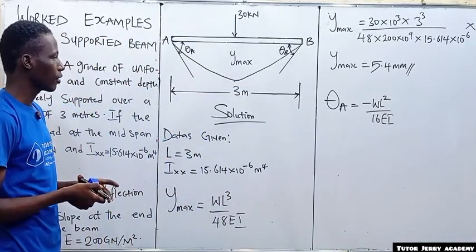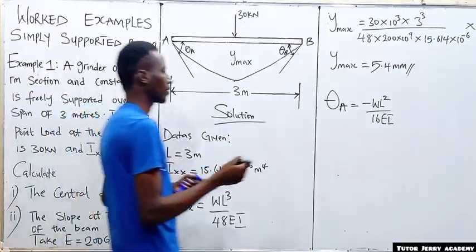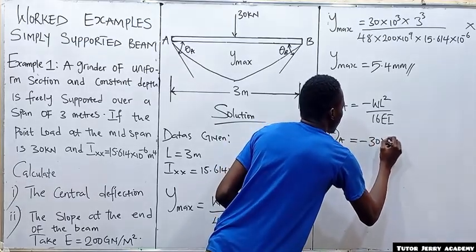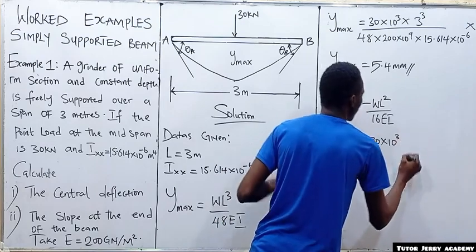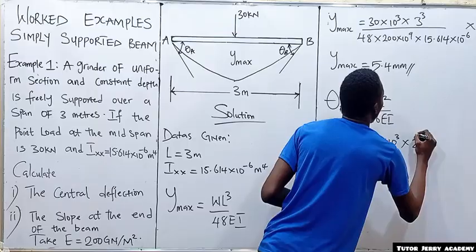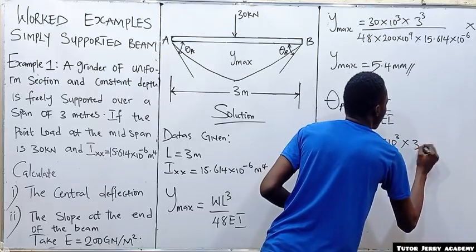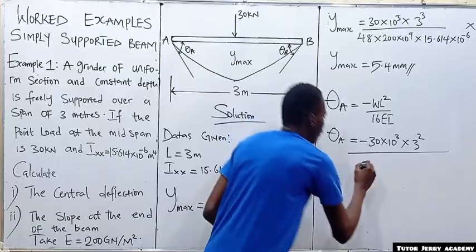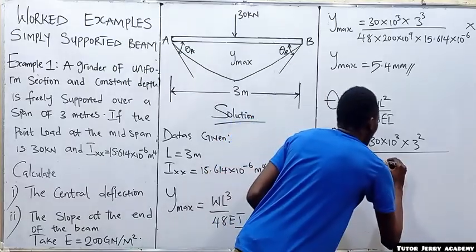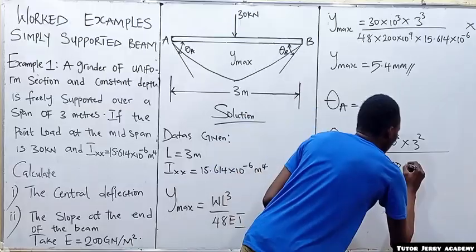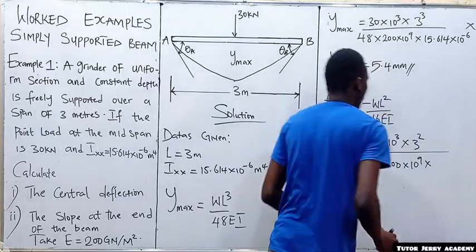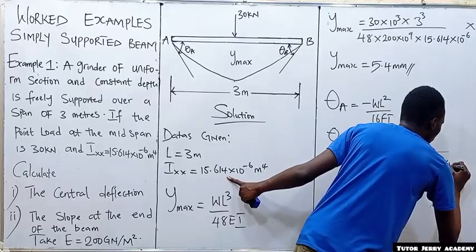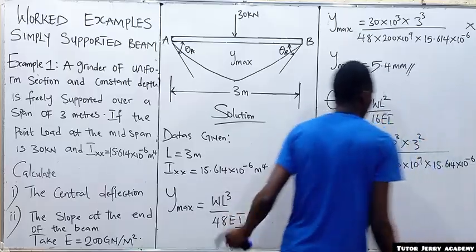Now, if we substitute our values, we are going to get the slope at A. Now, theta A is equal to minus W, which is 30 multiplied by 10 to the power of 3, because it's in kilo, multiplied by our length 3 to the power of 2, all over 16 multiplied by E. E is 200 times 10 to the power of 9, multiplied by our moment of inertia, which is 1.614 multiplied by 10 to the power of minus 6.